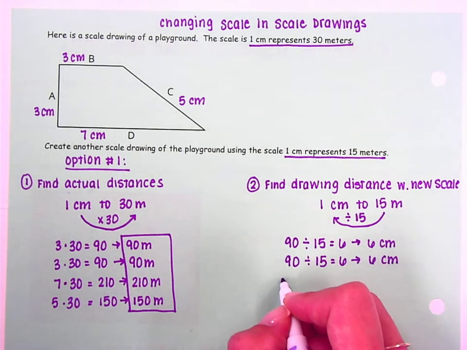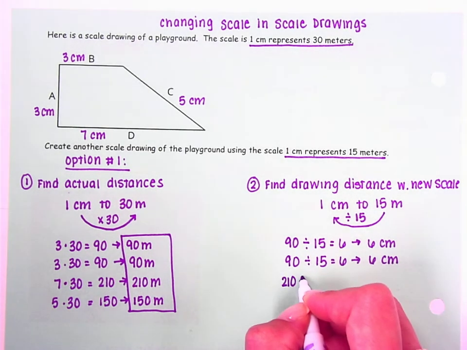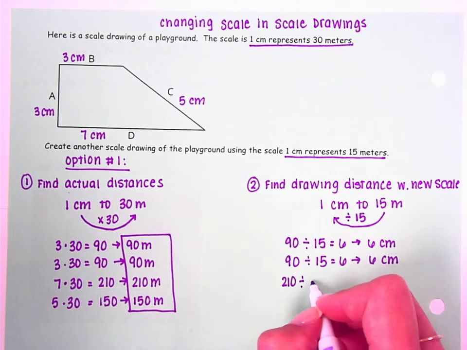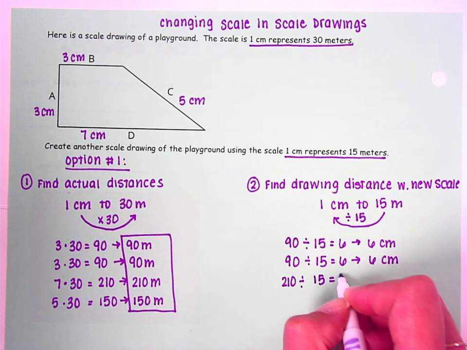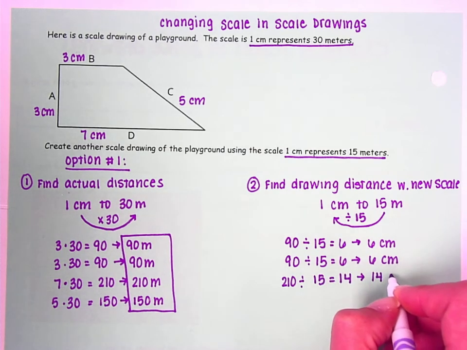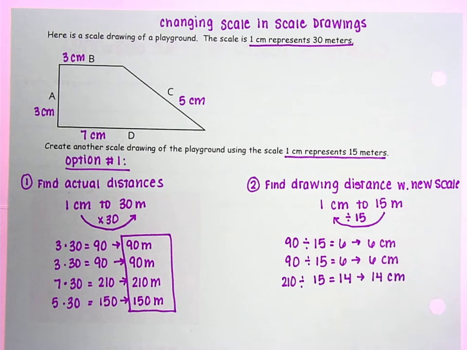We can also take our actual distance of 210 and divide that by 15 to get 14, just telling us that would be 14 centimeters on our new drawing.